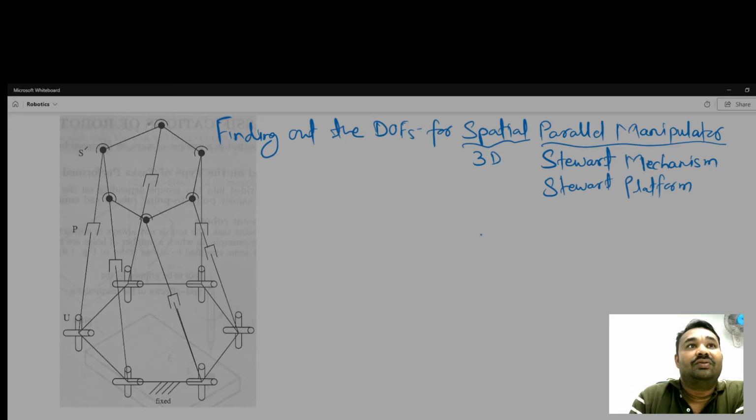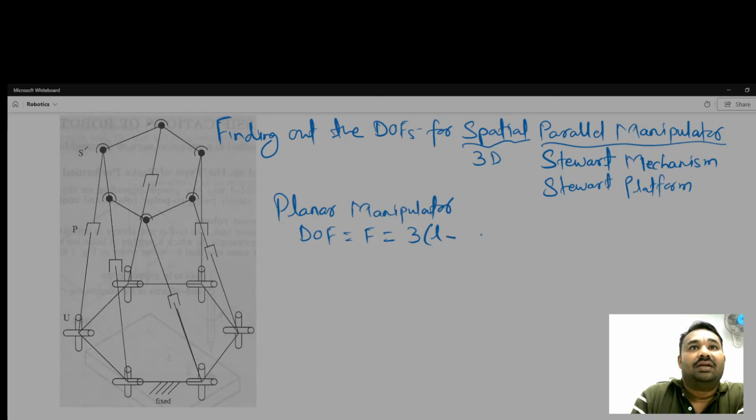So as we know, in the case of a planar manipulator, we had the degree of freedom F equal to 3 times (L minus N minus 1) plus the summation of Fi, which is the degrees of freedom of the associated ith joint.